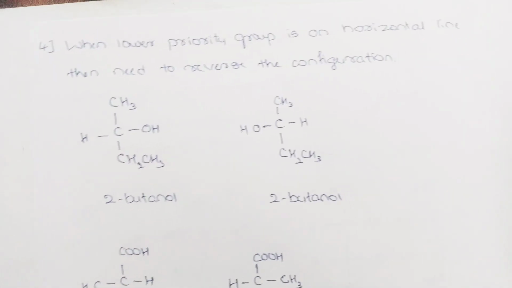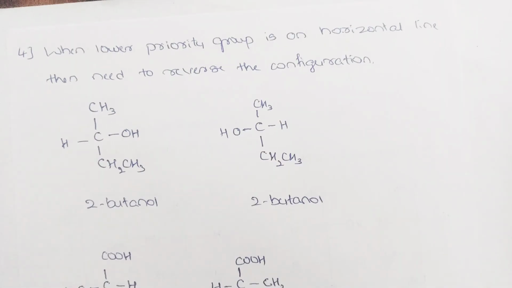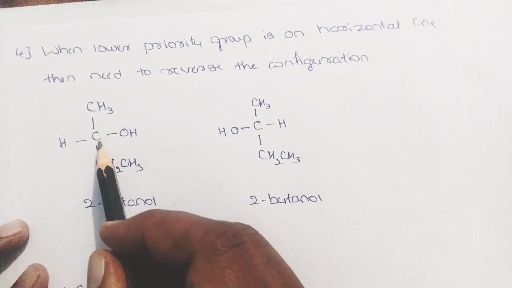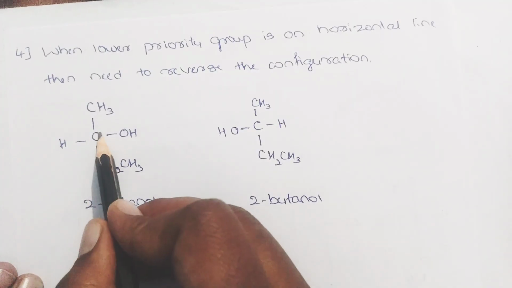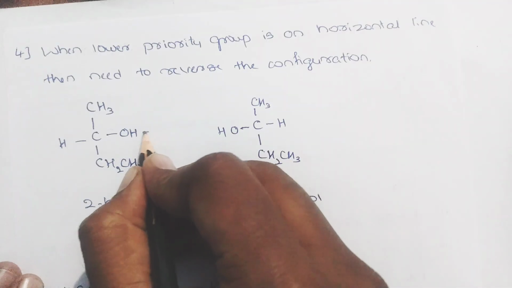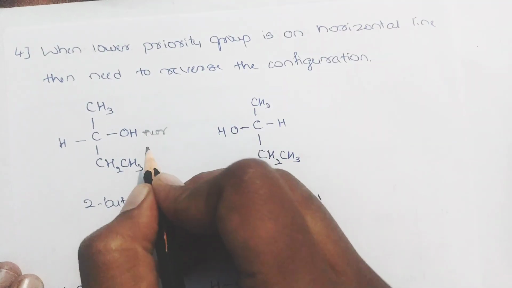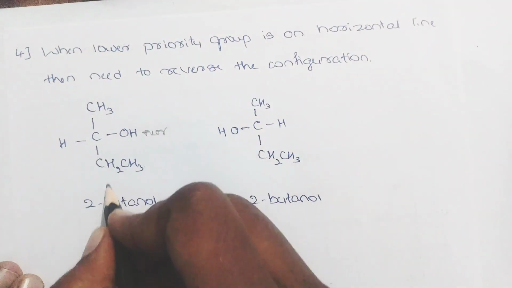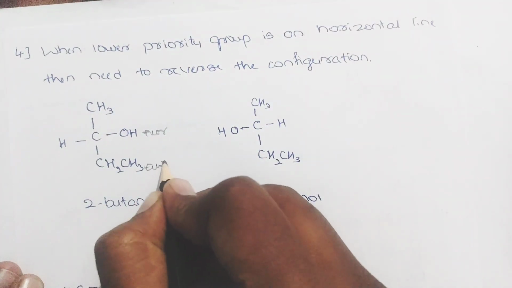Next, an important rule is, when the lower priority group is on the horizontal line, then we need to reverse the configuration. Means we should assume that these two groups on the horizontal line are nearer to us, and the vertical line is away.